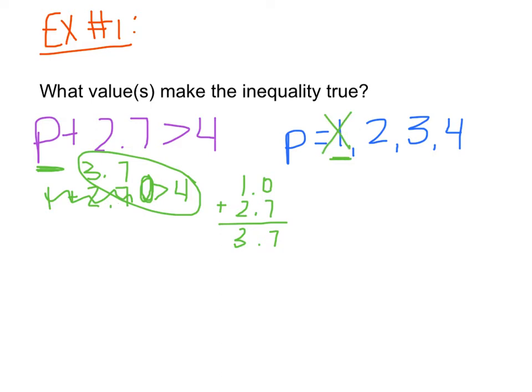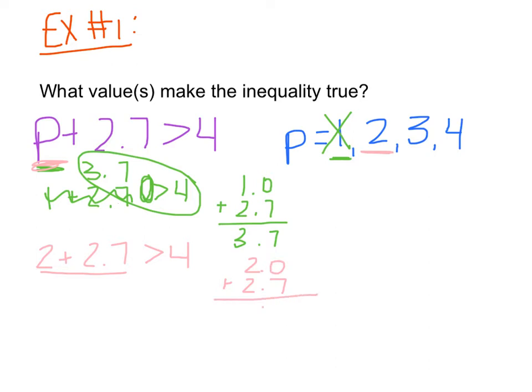Now we move on to number 2, and we just plug that in again in place of p. Now we have 2 plus 2 7/10 is greater than 4. Go ahead and add this up. 2 plus 2 7/10. You have to add a decimal and a 0 to 2.